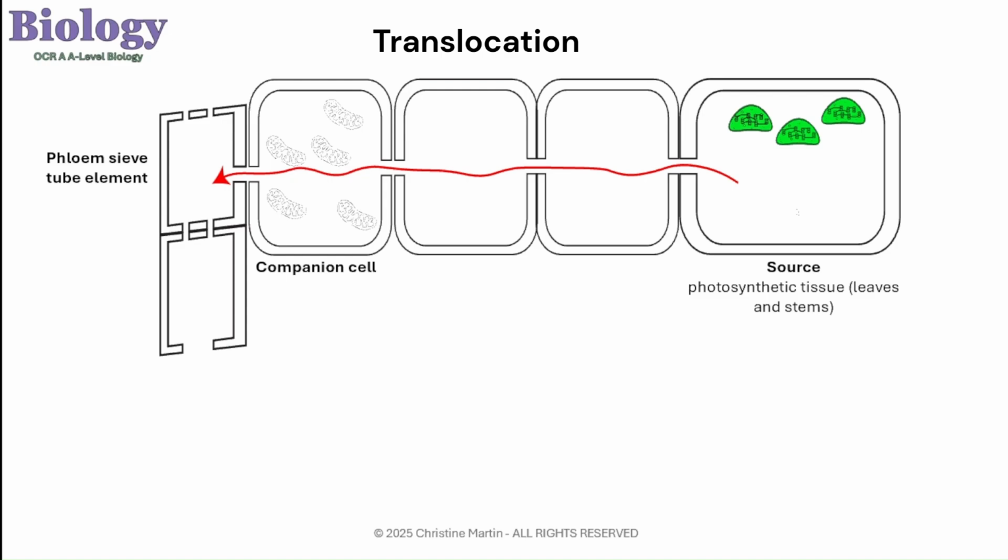So the first pathway could be the Symplast pathway. Remember, the Symplast pathway is where whatever the substance is, whether it be water or in this case sucrose, is going to move between the cells through those plasmodesmata, the cytoplasmic connections, eventually entering the phloem sieve tube element.